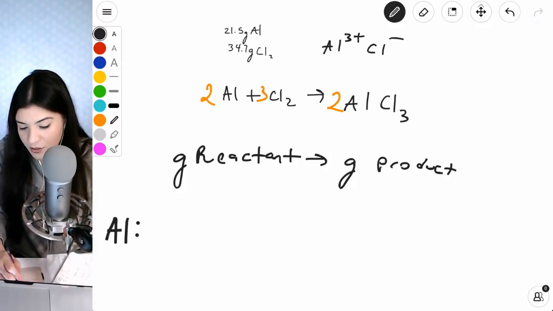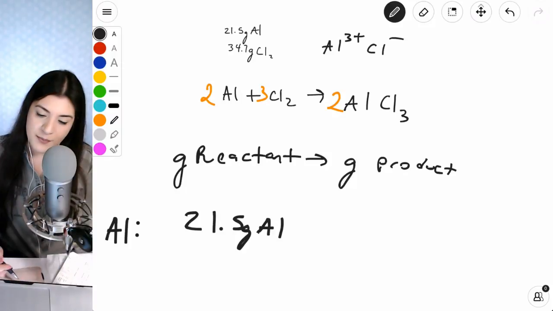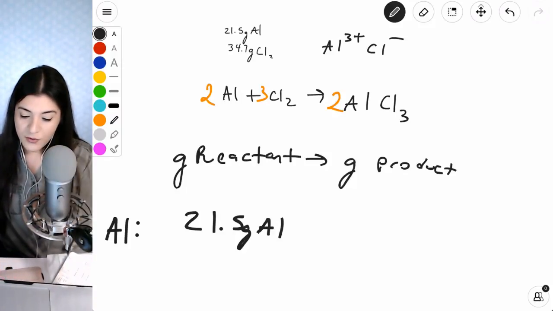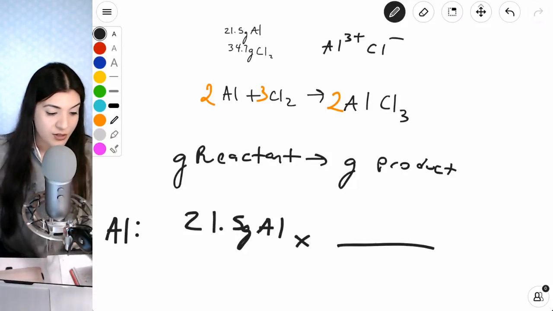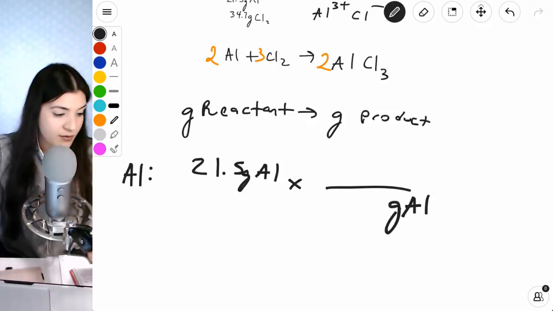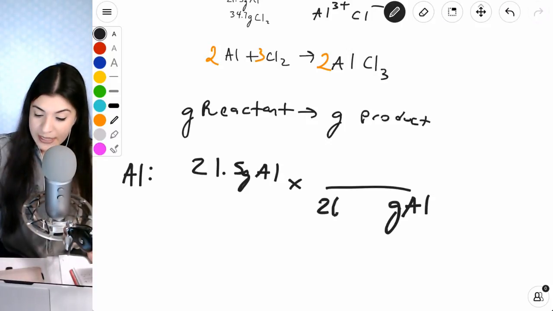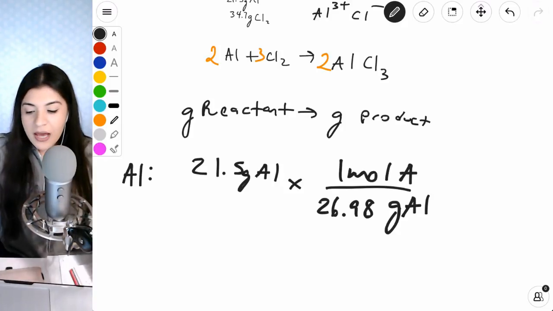Okay, I'm going to start off with aluminum, taking the 21.5 grams of aluminum and making my way to grams of product. So what I'm going to do first is change this to moles by using the molar mass of aluminum. So I'll place the molar mass on the bottom. That would have been 26.98 grams per every 1 mole of aluminum.